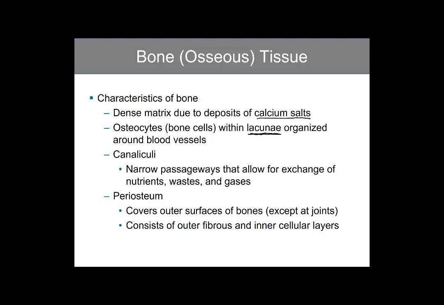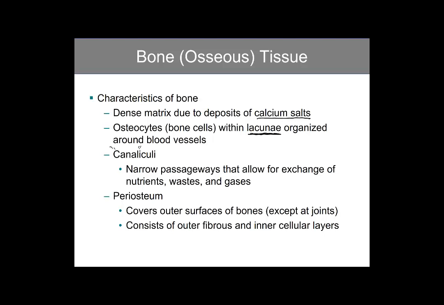Remember, the lacunae are those cavities that those cells occupy, and they're arranged around vasculature. The canaliculi are the small canals that connect osteocytes to their neighboring osteocytes, as well as to the central canal, so that nutrients and waste products can be exchanged.